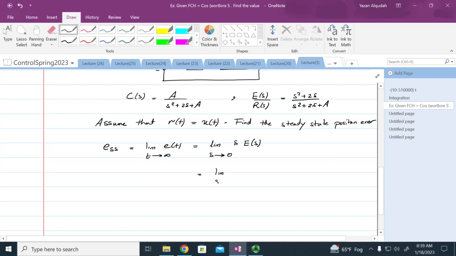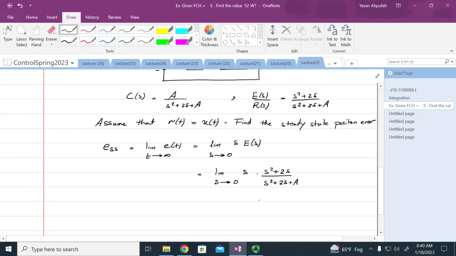Can anybody tell me? Or read it for me? What is it? S cubed plus 2s squared. Well, s multiplied by s squared plus 2s divided by s squared plus 2s plus A.